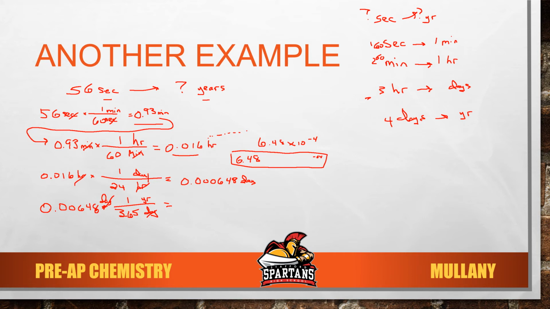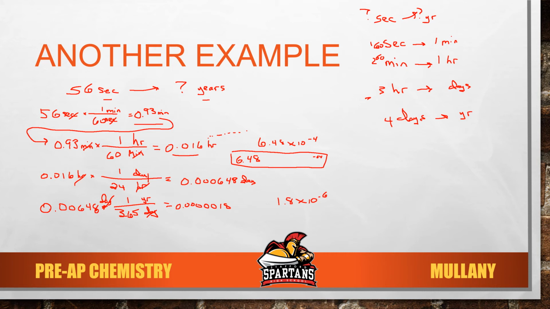So if you got something like 1.8, let's just call it, times 10 to the negative 6, check it, that might be what your calculator says, or your calculator might say this, so it's going to be 1, 2, 3, 4, 5, 6.